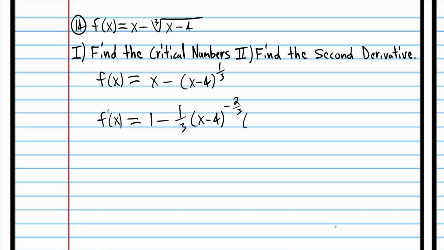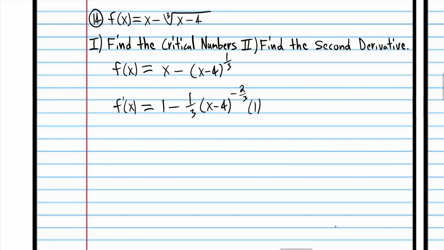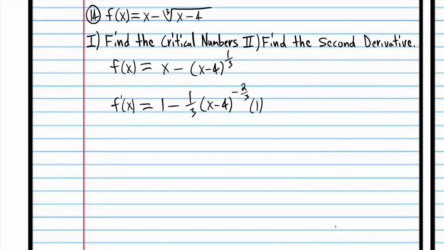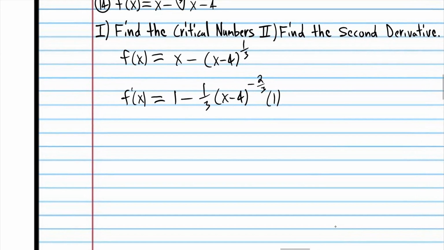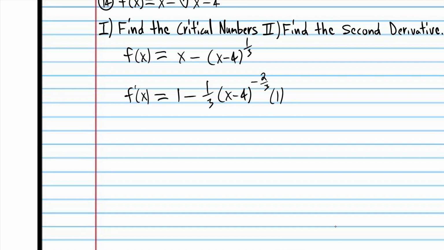You could put a 1 out here if you wanted to, but it's not really necessary. So that's f prime. So I'm going to change back to root notation so we actually know what this expression even means.